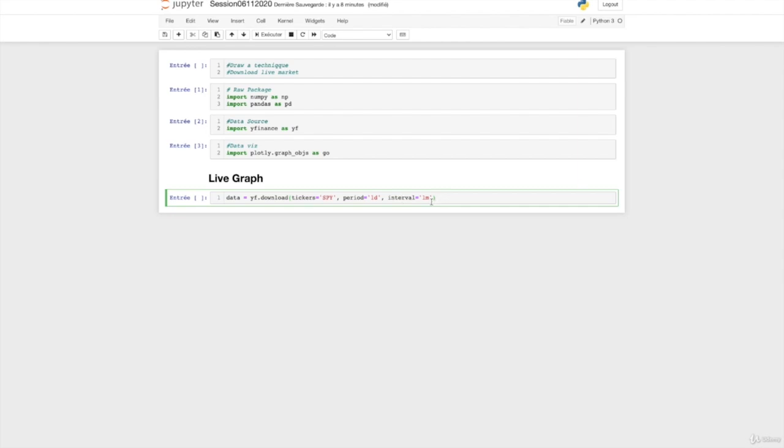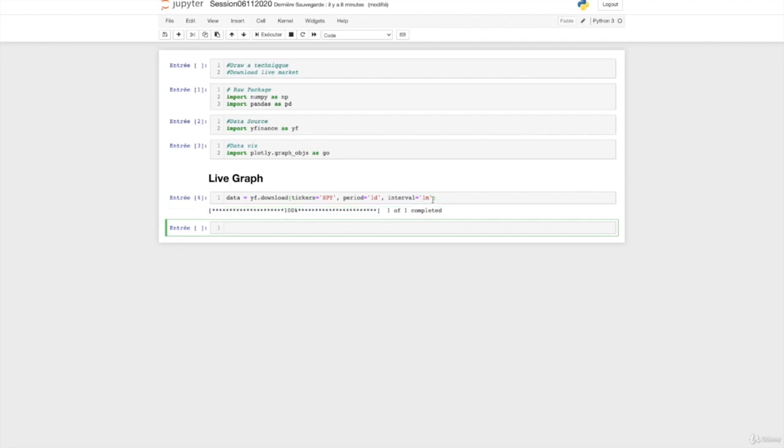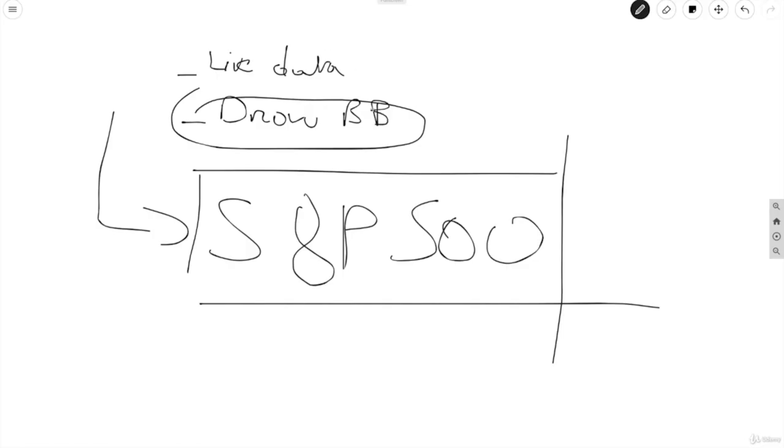What we are going to do here is take an interval of 1 minute, and we are going to draw the Bollinger Band based on the last 20 minutes. The trading strategy that we are going to develop right now is a swing trading strategy.